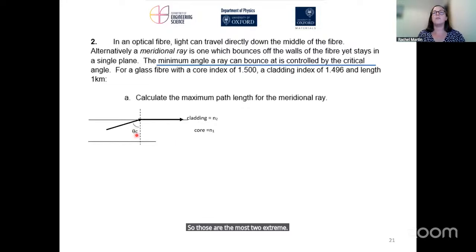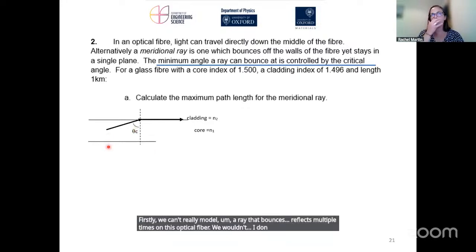But I'm just going to answer Evie's question. Firstly, we can't really model a ray that reflects multiple times on this optical fibre. I don't think there's really a way we can solve this problem in this question for that.